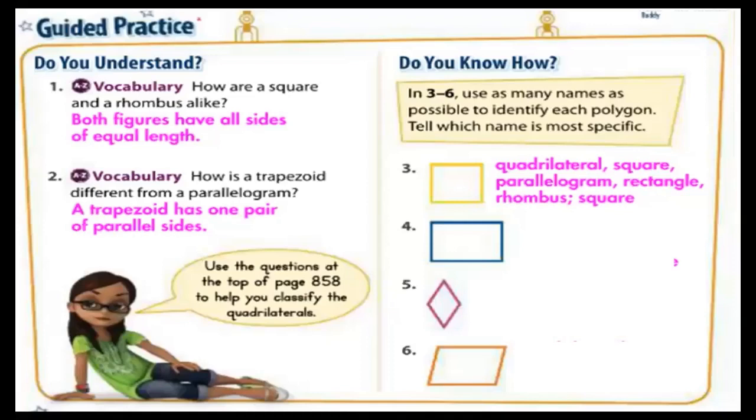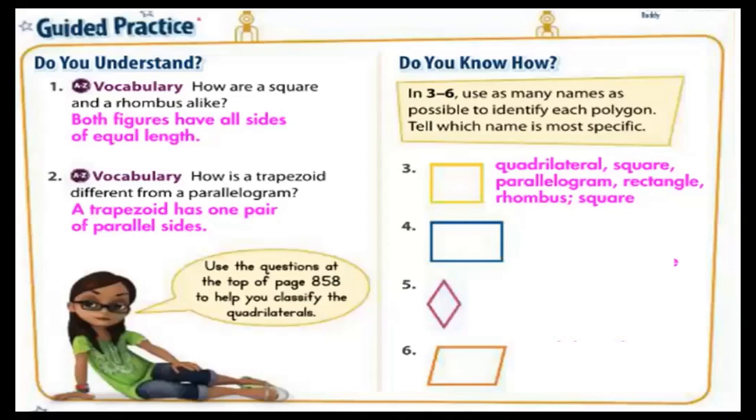So I can name the shape in front of me many names, but the most specific one, the most useful one, the most appropriate one is square. Why? Because we have four sides equal in length and four angles equal to 90 degrees. So this is a square.